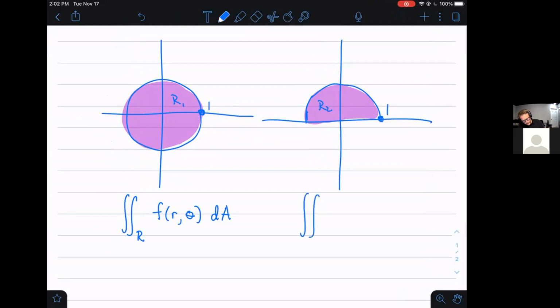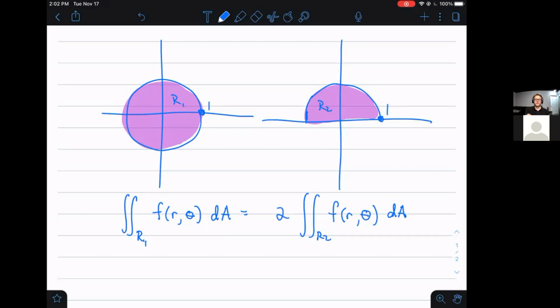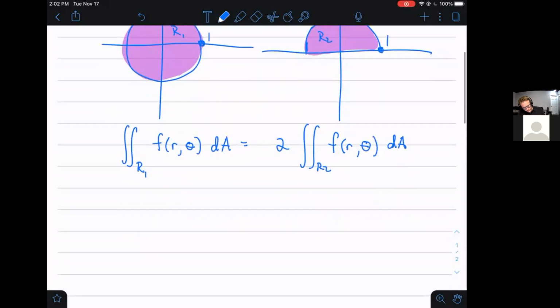And it's comparing with integrating over R2 the same function, whatever it happens to be. The question in this quiz is: is this twice as much here? So if you take this half circle and you double it, will you get the full circle, the R1 region? And the answer is false.